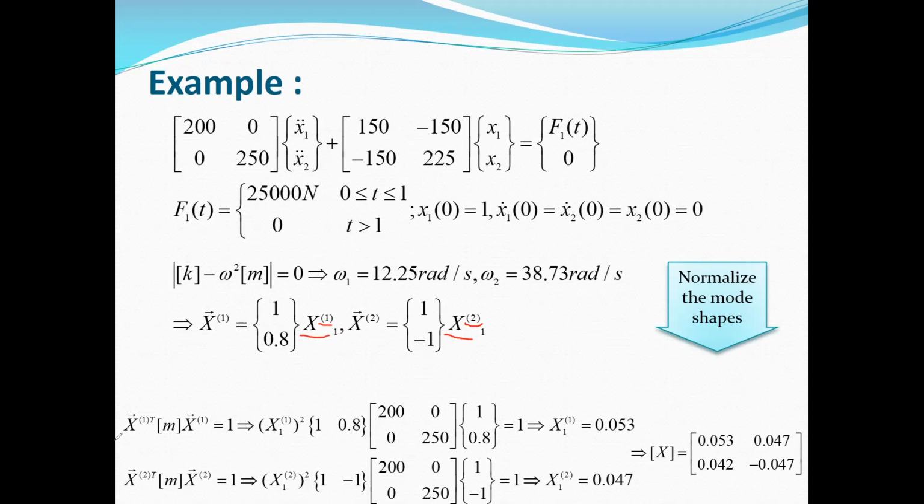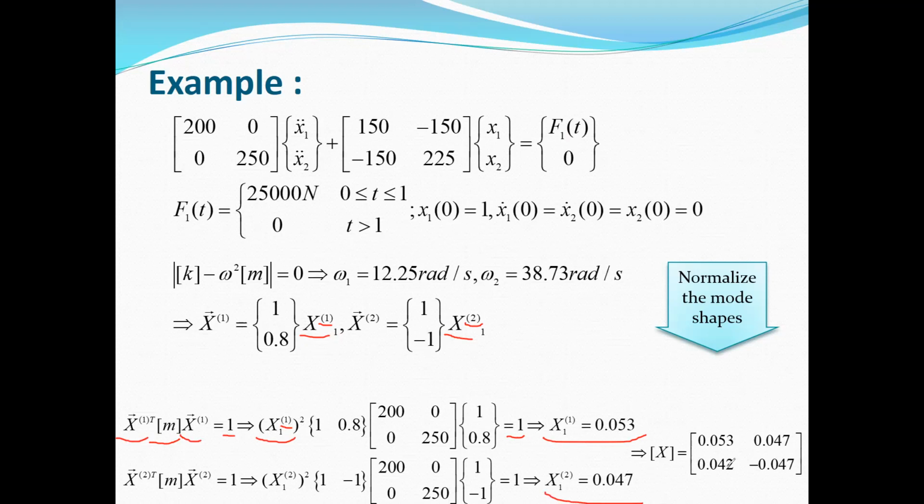For this purpose, we know that x1 transpose multiplied by the matrix M multiplied by x1 is equal to 1. So you can find the x with superscript 1 from this equation. It must be equal to 1, and from here we can find that x1 must be equal to 0.053 and x12 is 0.047.